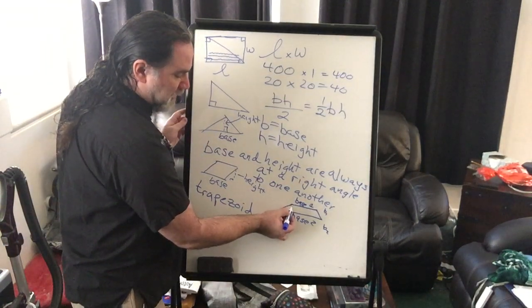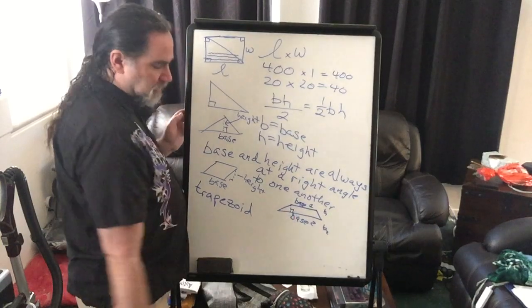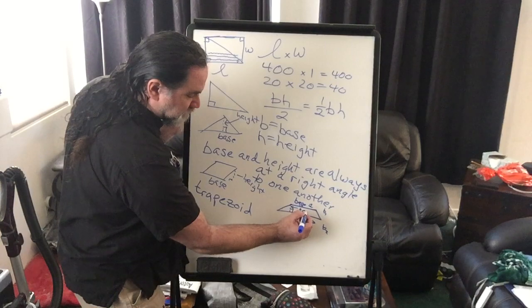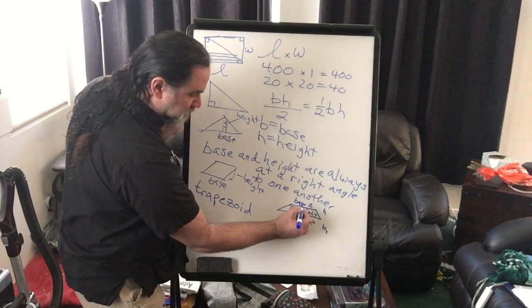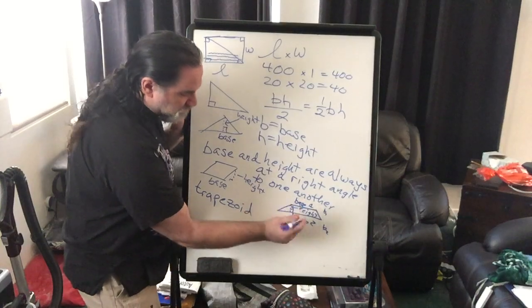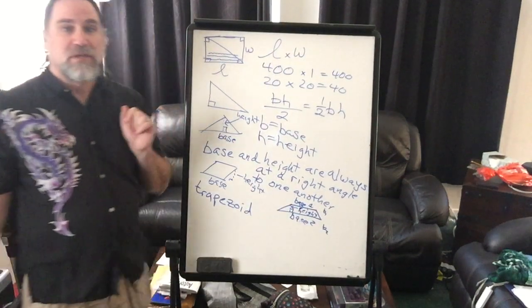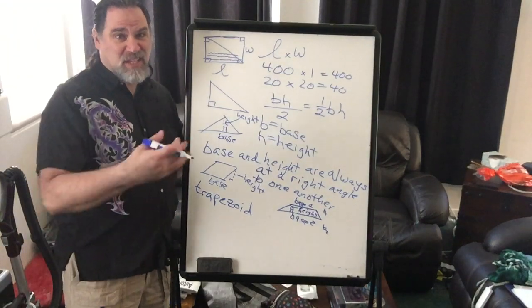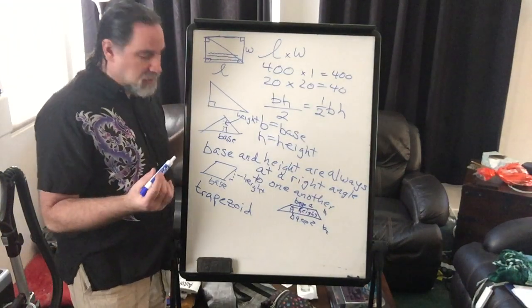So I'll drop this right angle right there in the middle, and again, that will become my height. And again, you can pause at any time, rewind, rewatch, you know the deal. The height. Now this formula here gets a little tricky. It's a little weird.